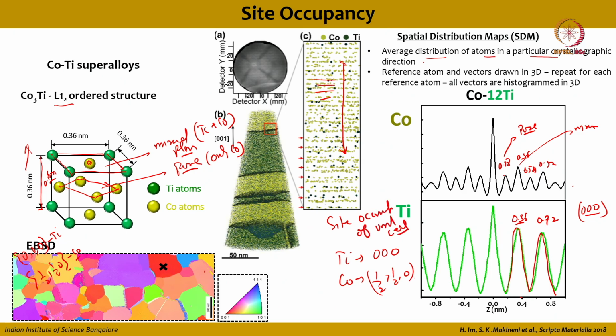If it is an ordered structure, you will have different elements sitting at different atomic positions. If it is a solid solution, what you will see is a titanium peak even at 0.18 and 0.54. So you will get a solid solution, because the titanium can occupy either the 0 0 0 positions or the half half 0 positions.